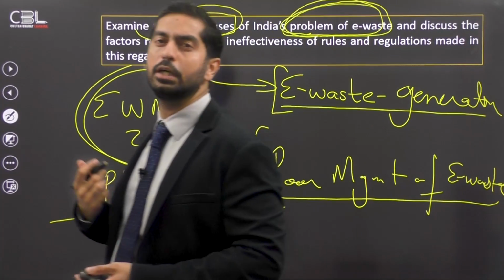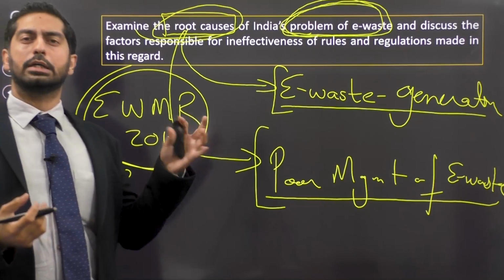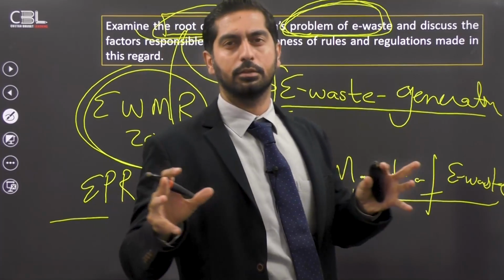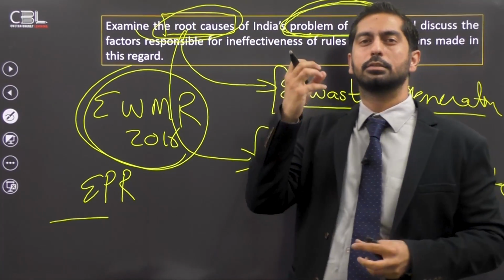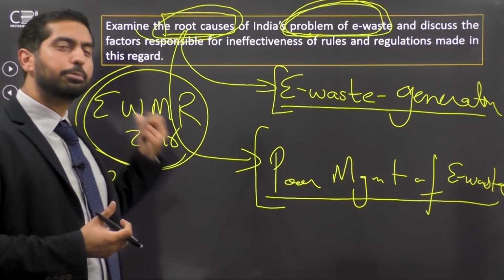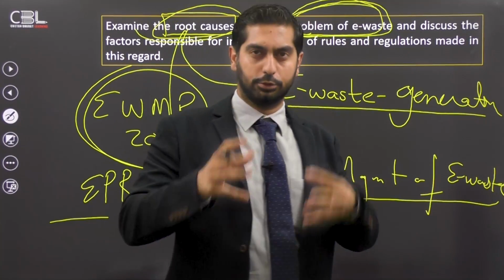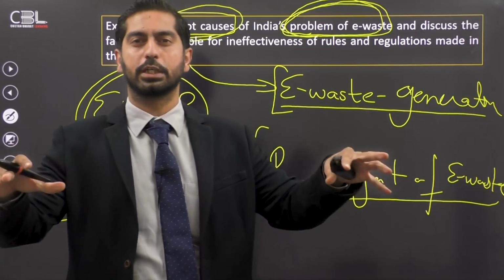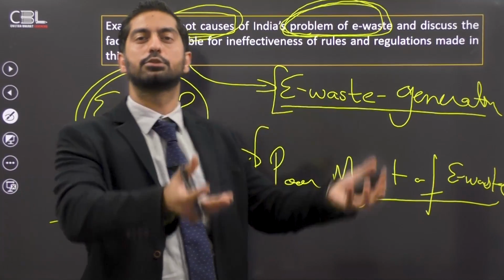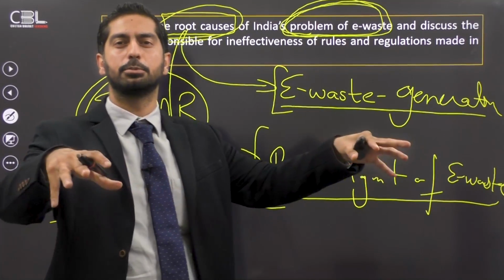Extended producer responsibility, where, on the very conceptual plane, it was assumed that because producers have the knowledge and the proper networking, in the networks by which their products get sold in the market, they would have the proper distribution network.